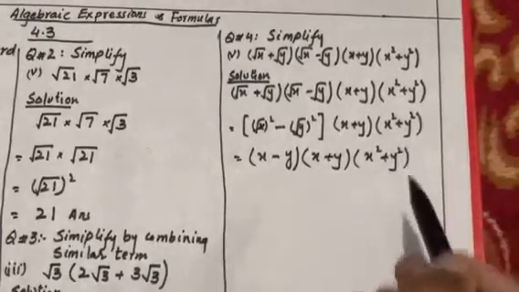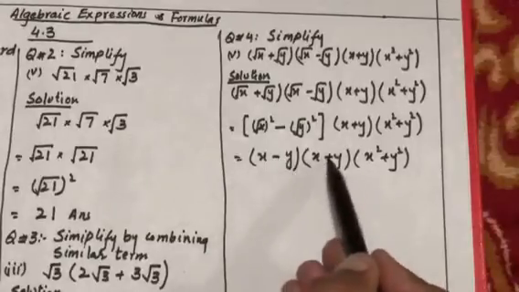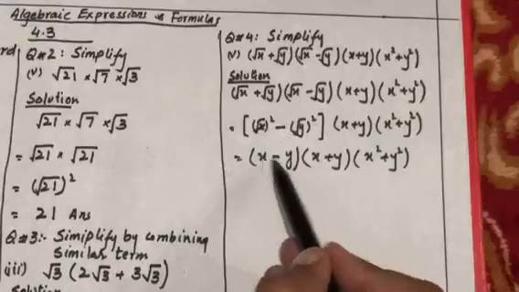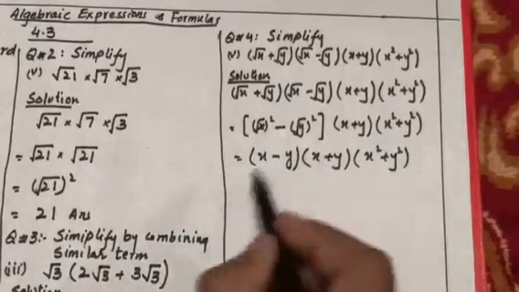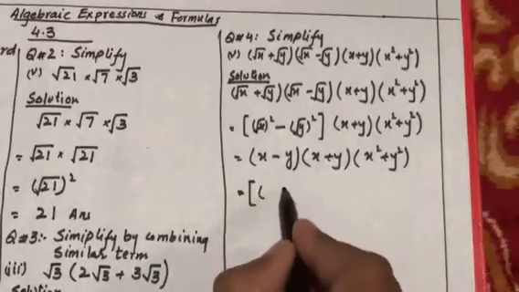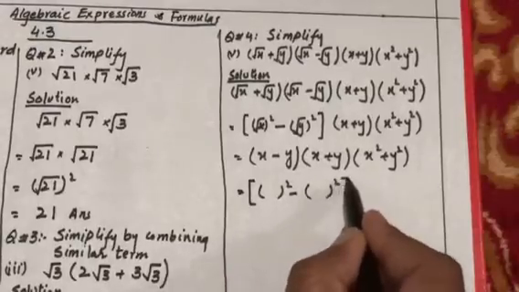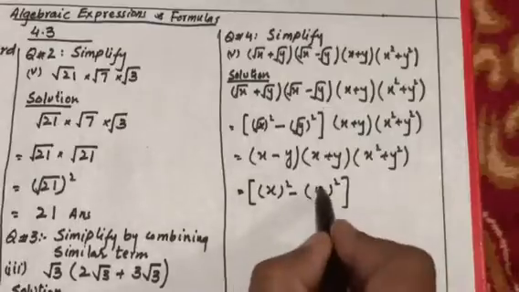If we observe that the values are the same and their signs are different, here again the formula (a − b)(a + b) is going to be applied, which is equal to a² − b². So the value of a is x and the value of b is y.